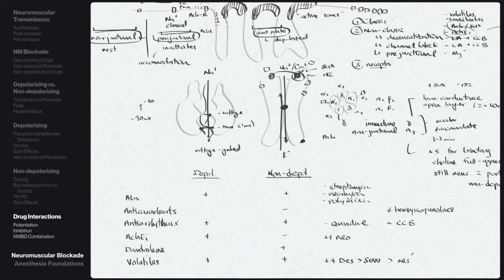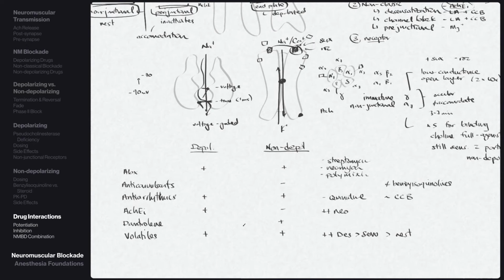That's likely because these are relatively fast-acting agents, and so they can distribute to our muscle sites much faster than our other agents that have much slower onsets. We know that both desflurane and sevoflurane have relatively low lipid solubility, which means their onset of action is faster because they can reach equilibrium with their alveolar partial pressure, which is essentially equal to the partial pressure in the brain and other tissue sites.